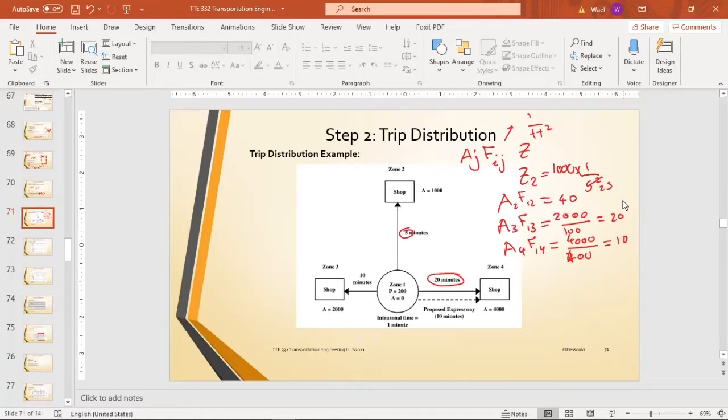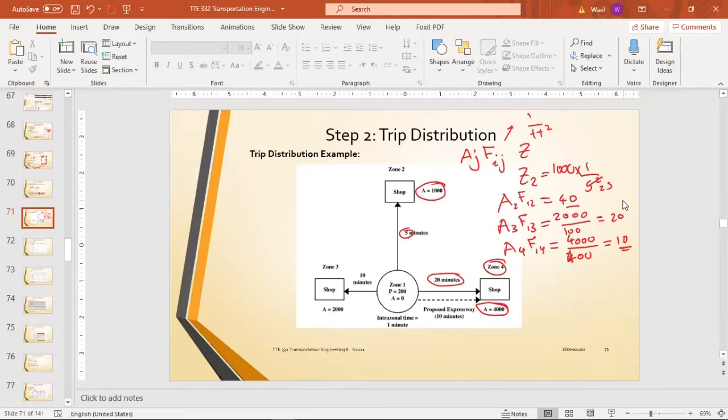As we can see, zone 4 got the lowest pulling force. Zone 2 got the highest. Why? Because zone 2 is much closer to zone 1 than zone 4, for example. However, the attraction for zone 4 is 4 times the attraction at zone 2.